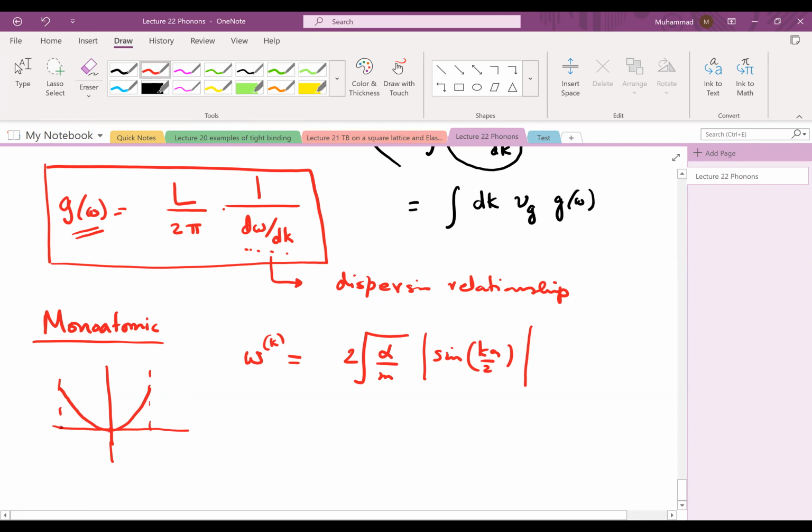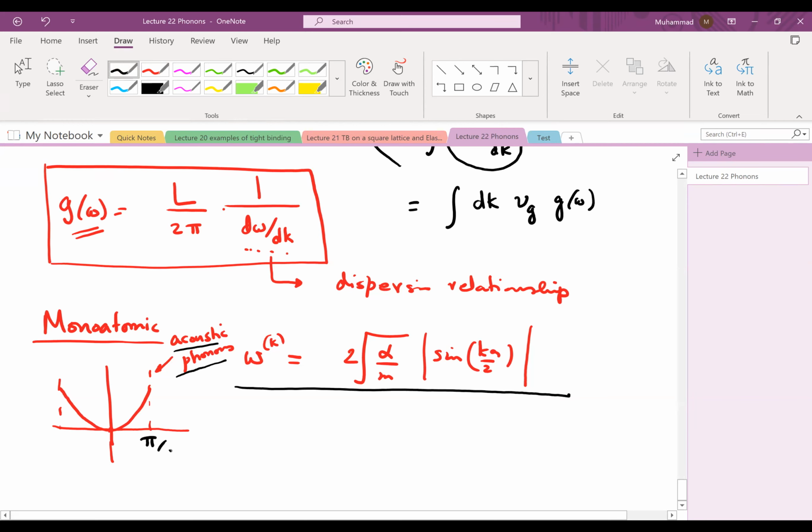We derived this dispersion relationship. Now I would like to find the density of states for these acoustic phonons. So I have an acoustic branch, and this part of the dispersion relationship accounts for acoustic phonons.